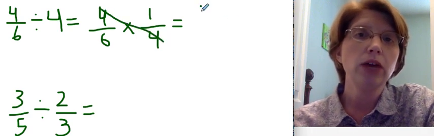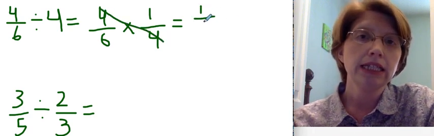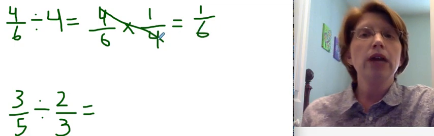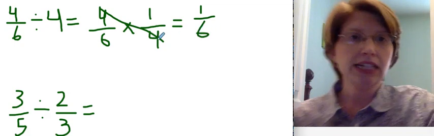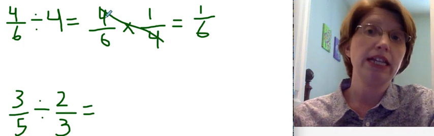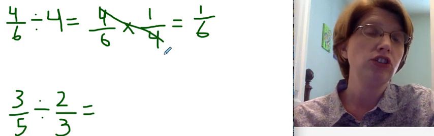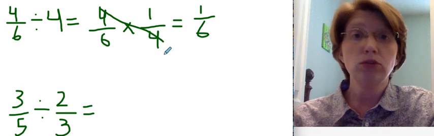And I wind up with 1/6. When I say cancel out, I mean that they divide into each other. So 4 divided into 4 gives me 1.